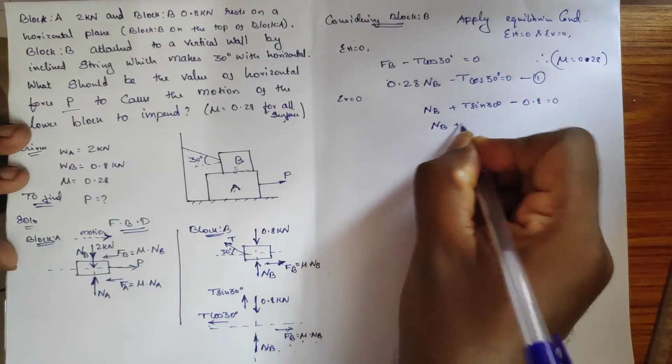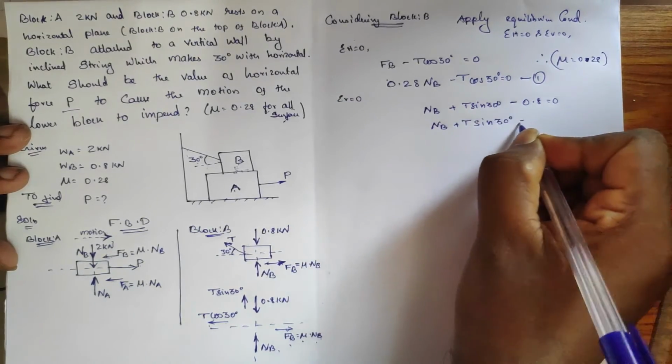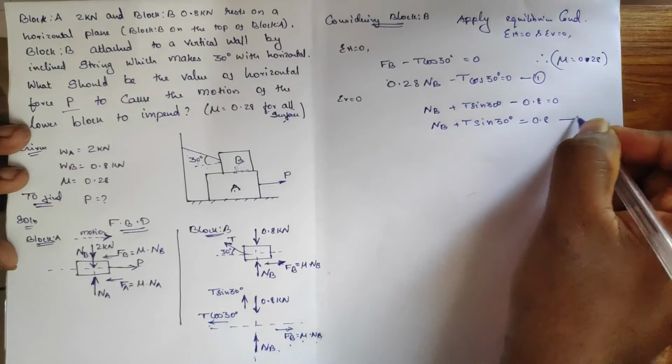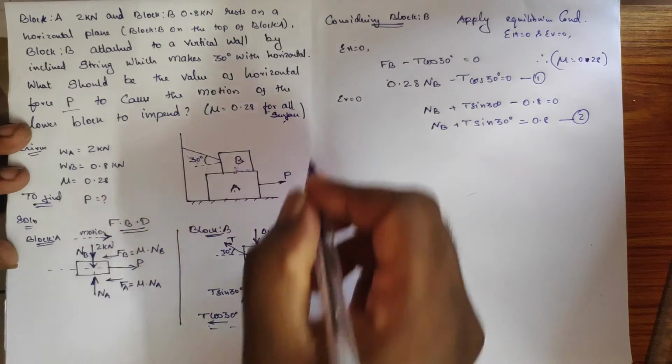So NB plus T sin 30 degree is equal to 0.8 when you simplify it. I just going to consider as equation number 2. So now solve it.